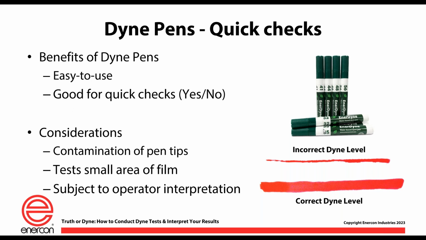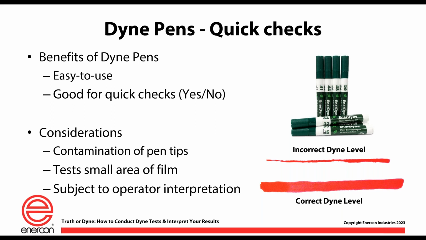That's the time interval. You watch for the dyne fluid to retract, and if it retracts in less than 2 seconds, you go to the next lower dyne pen and do the test again. As long as it wets out, like in the illustration where you see the thin line and then the thicker line, and stays wet for that 2 second interval, then you know that you're pretty good.